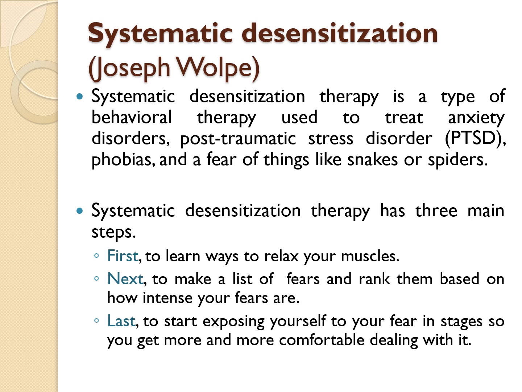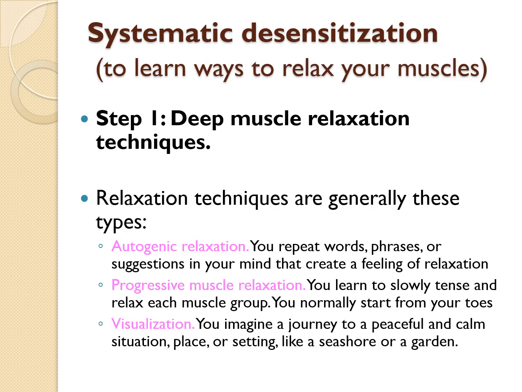So the first part is learning the relaxation technique. These relaxation techniques can be deep muscle relaxation, and generally they are of three types. First is autogenic relaxation, and second is progressive muscle relaxation, and third is visualization.